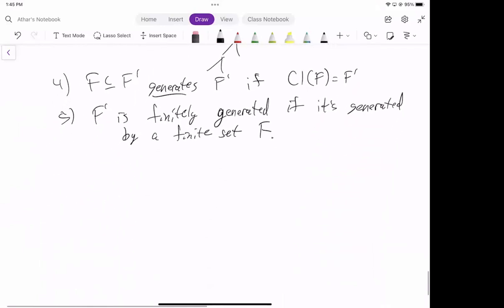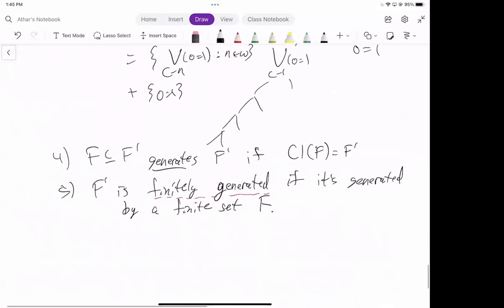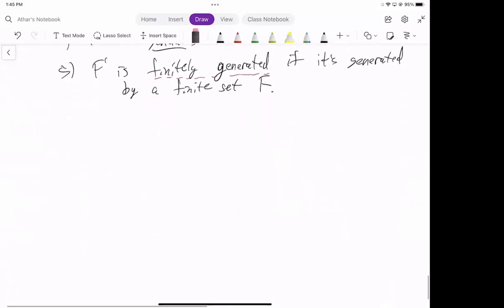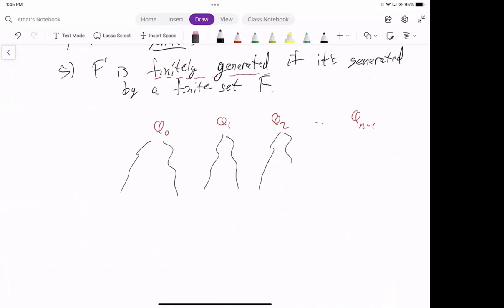One thing to think about with these finitely generated sets: you essentially get something that looks like you might have a phi 0, phi 1, phi 2, up to, let's say, phi n minus 1. You essentially get a finitely branching tree, or a union of finitely branching trees. And so you can code the elements of these trees, right? In other words, these are the closures of each of these.